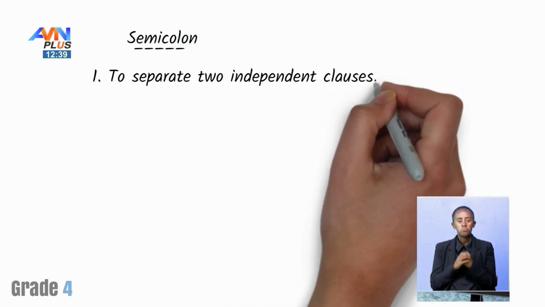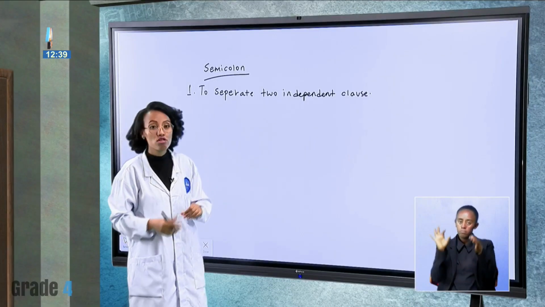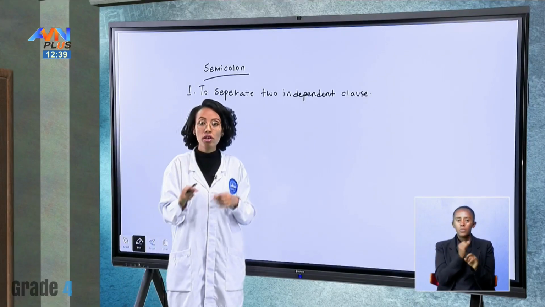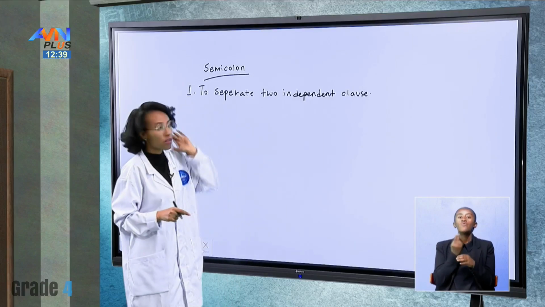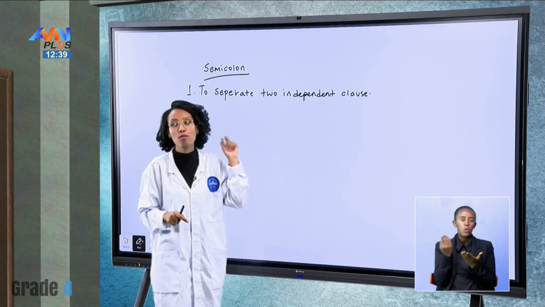Or two independent sentences that are related, yes? They are related, but they are two independent clauses. So we use semicolon in the middle. This is the most common use of a semicolon.